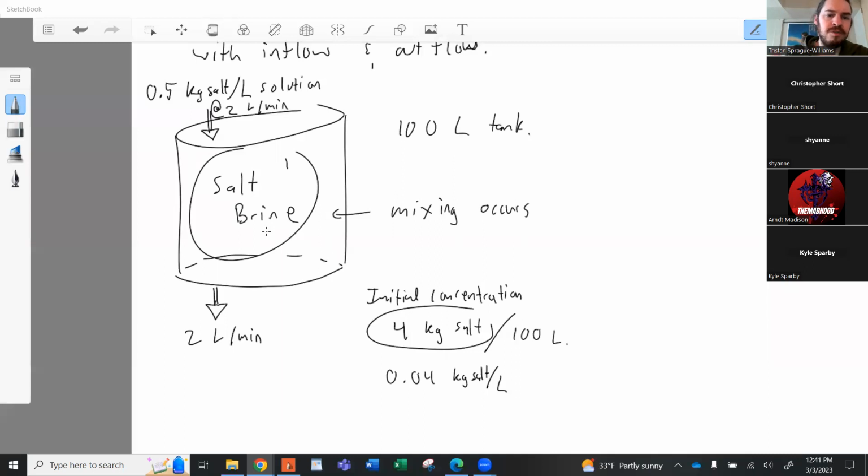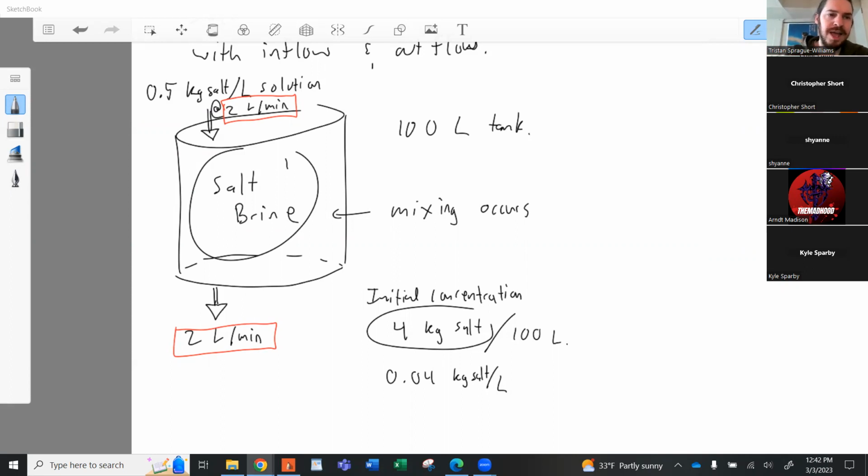So it's critical to note here that the volume of brine in the tank is not changing because the inflow rate and the outflow rate are equal to each other. Okay, but there is going to be some change over time in the concentration.